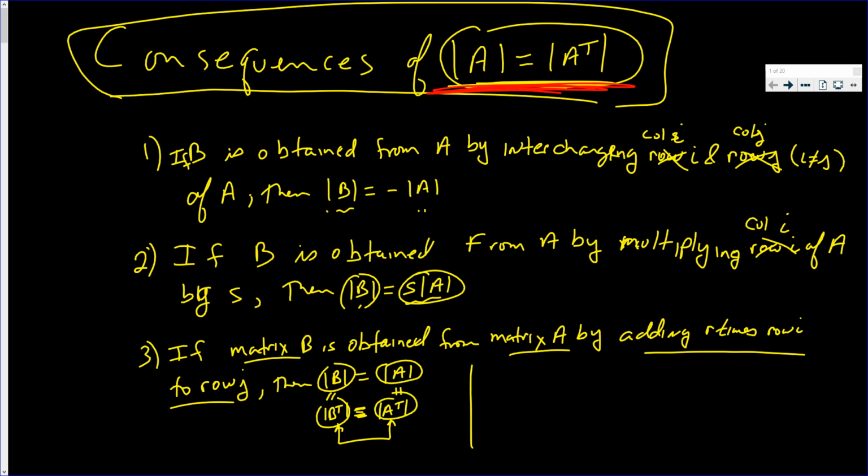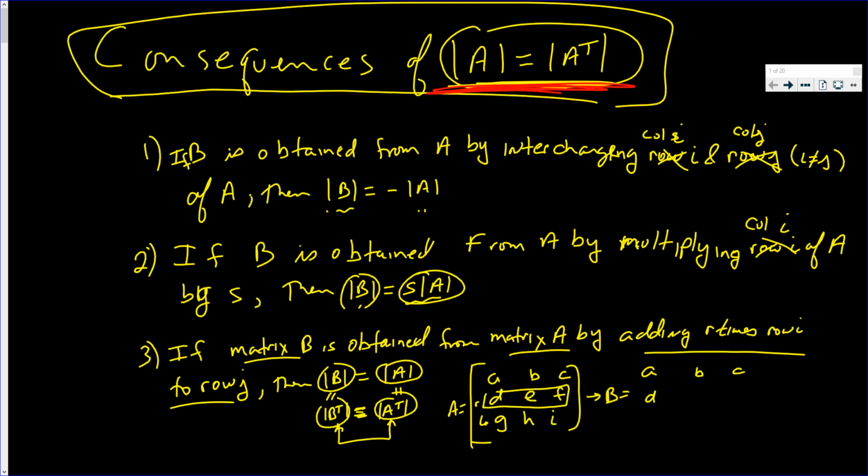And if you want to see this, if we have matrix A with entries A, B, C, D, E, F, G, H, I, and we get B by multiplying the second row by R and adding it to row 3. So A, B, C, the first row is going to stay the same.